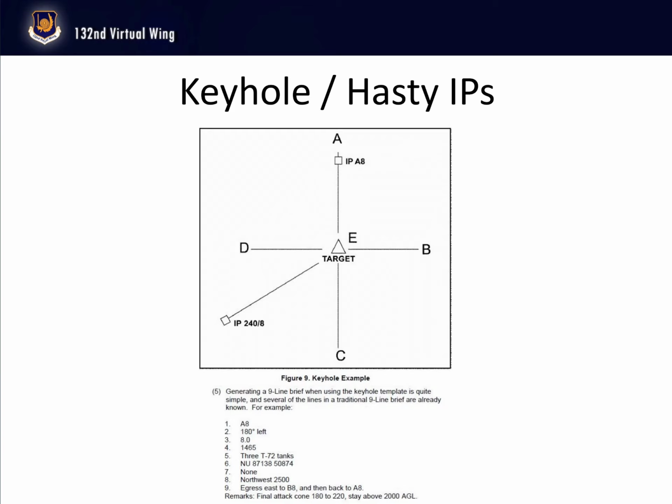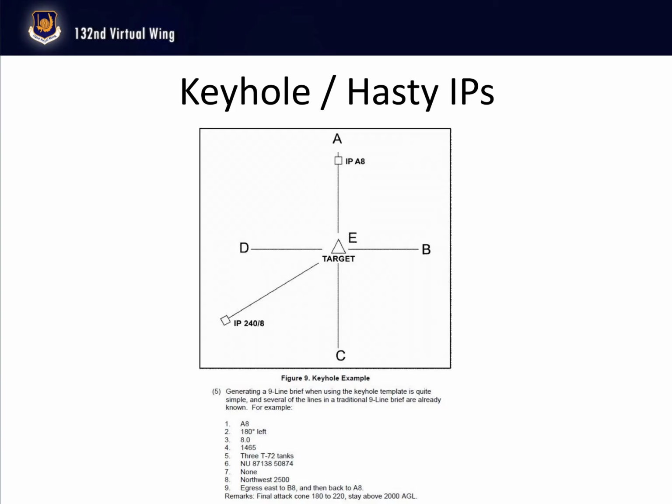When we use a hasty IP or keyhole, the IP that the JTAC gives means no closer than. So, for example, for an IP Alpha 8, it means that the center of your IP is a little bit further to the north, so that when you do the circles, the wheel in the IP, you do not come closer than 8 nautical miles to the target. It's okay to be a little further away, but not closer.